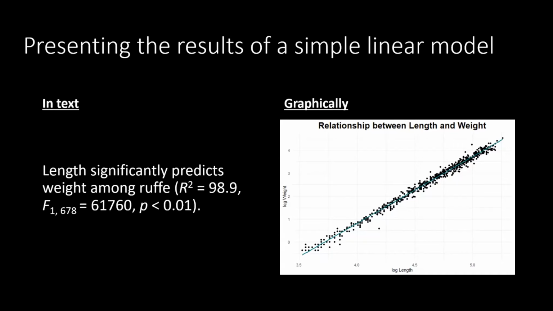And then graphically, the relationship can be shown much the way I drew it up with that ggplot command back in R. So there's a simple linear model. I hope you feel empowered to go out and make sense of 2 numerical continuous variables which have a linear relationship using this tool moving forward.